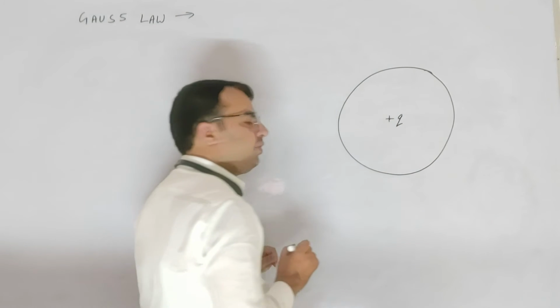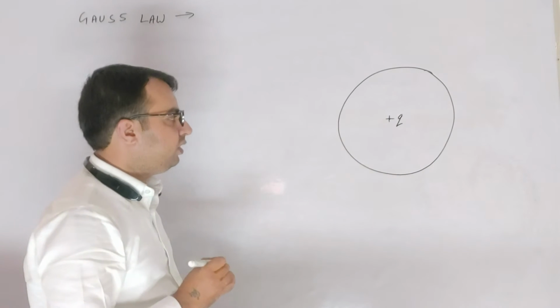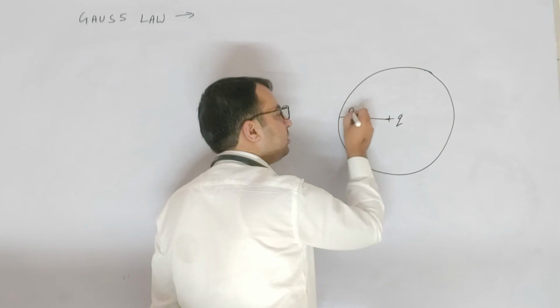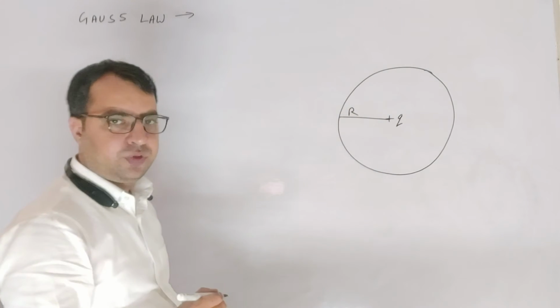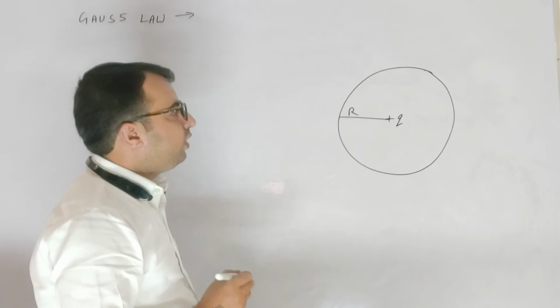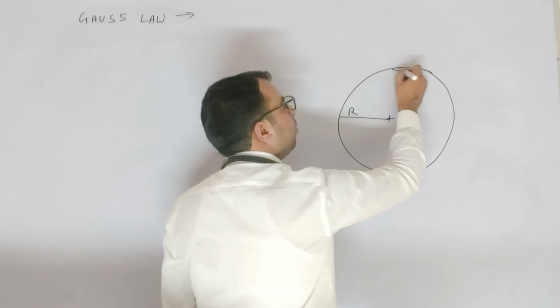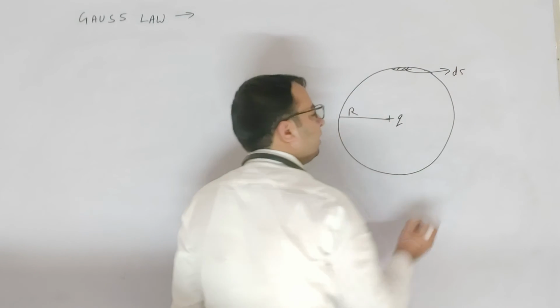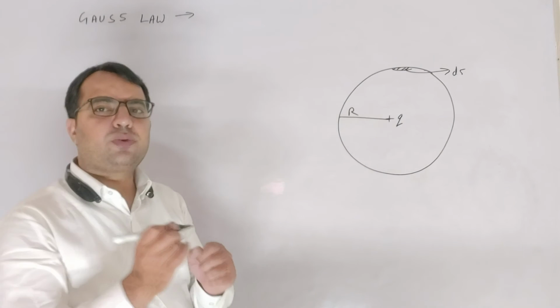The sphere has radius capital R. We consider a very small surface of this sphere, which I represent by ds. ds is approaching 0.